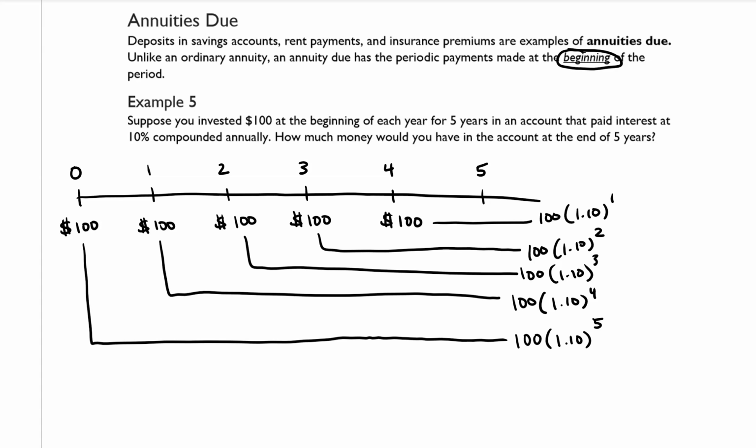Okay, so that means that our future value of this annuity due is going to be the sum of these 5 terms. Now, again, it's going to come in handy that we know the sum of a geometric sequence.